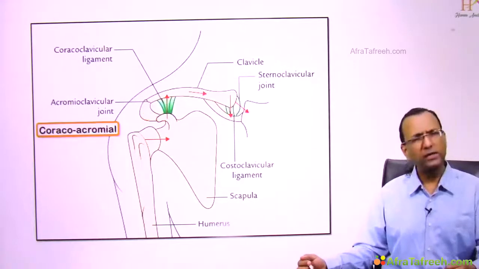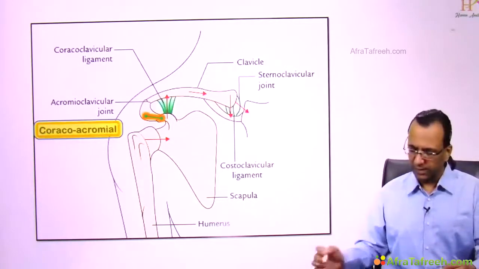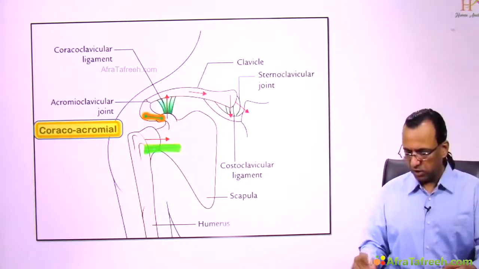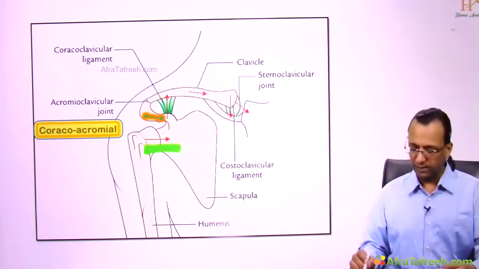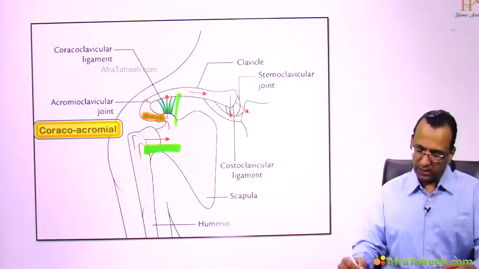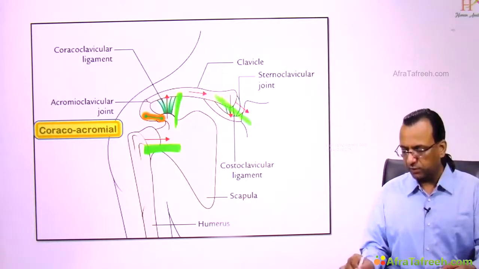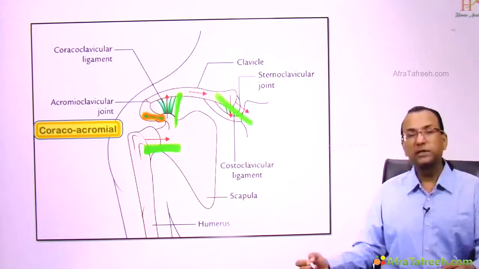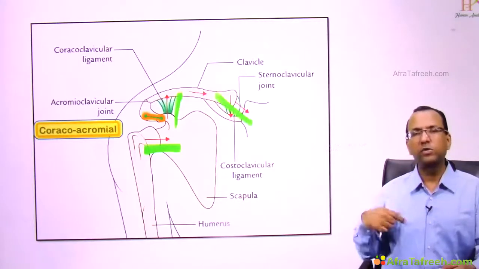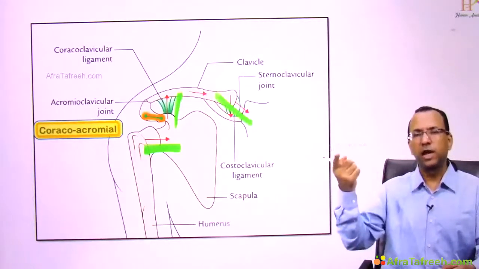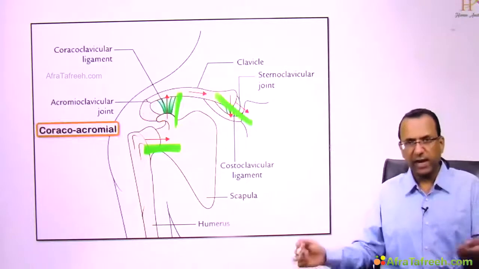No. Why? Because for weight transmission, I should have a ligament between the humerus bone and scapular bone. I should have a ligament between scapular bone and clavicle bone. I should have a ligament between the clavicle bone and the ribs or the sternum. But the ligament must connect one bone to the next bone, to the next bone, to the next bone, and this ligament is not connecting the next bone.